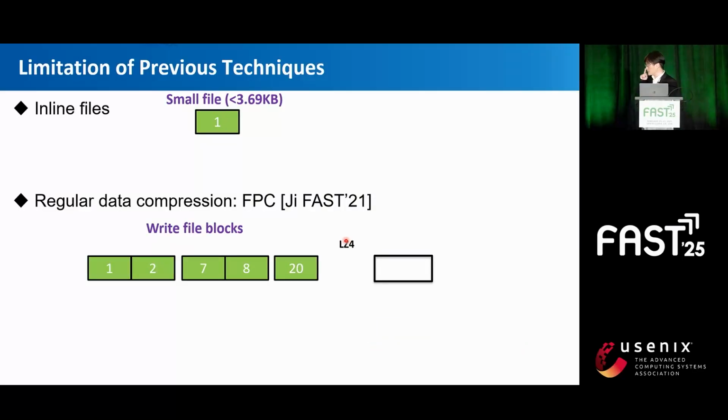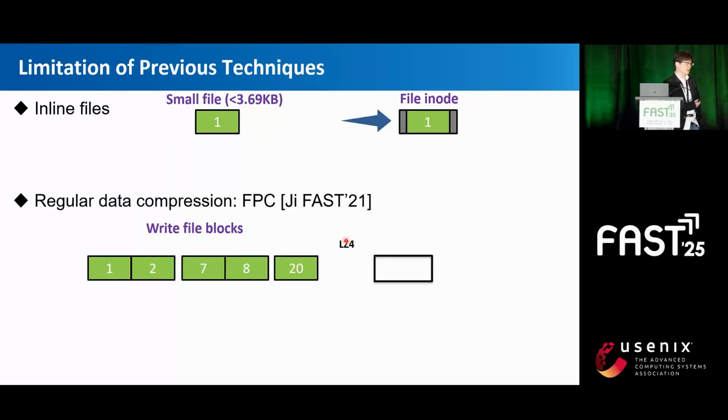So before I introduce our method, let us review existing methods for write stress reduction for F2FS. The first method is inline files. If the file is small enough, then we can directly store the data into the inline area of an inode.